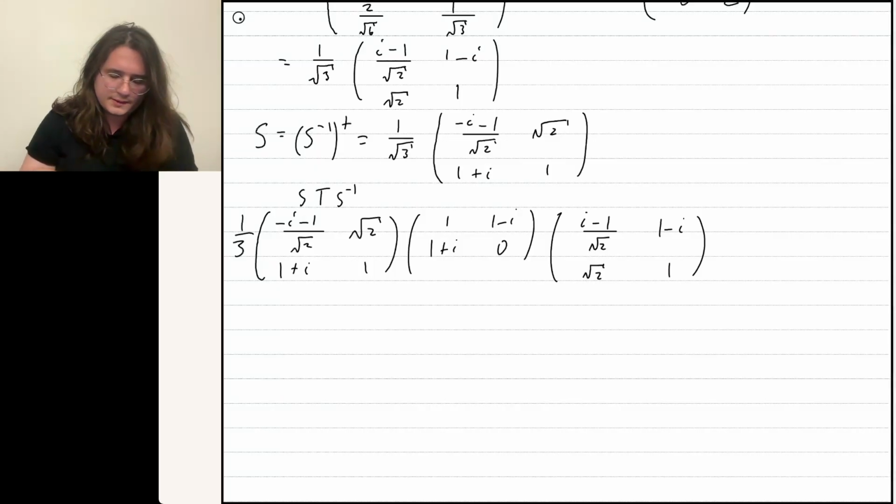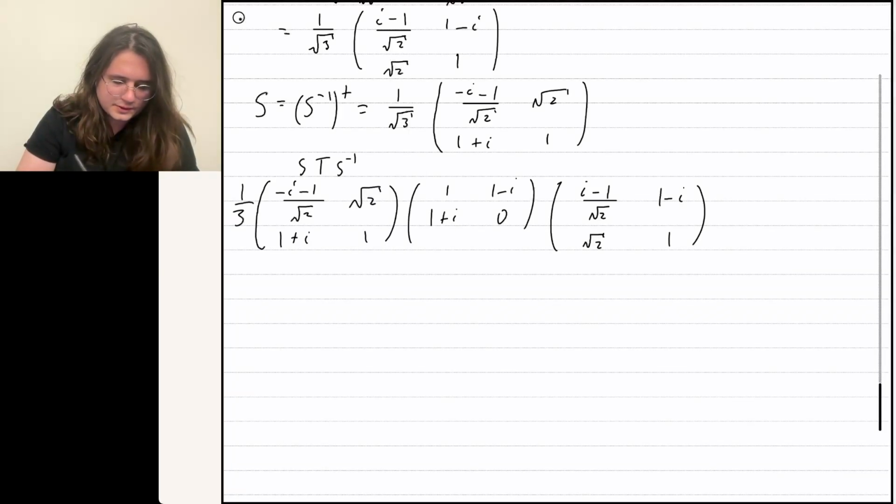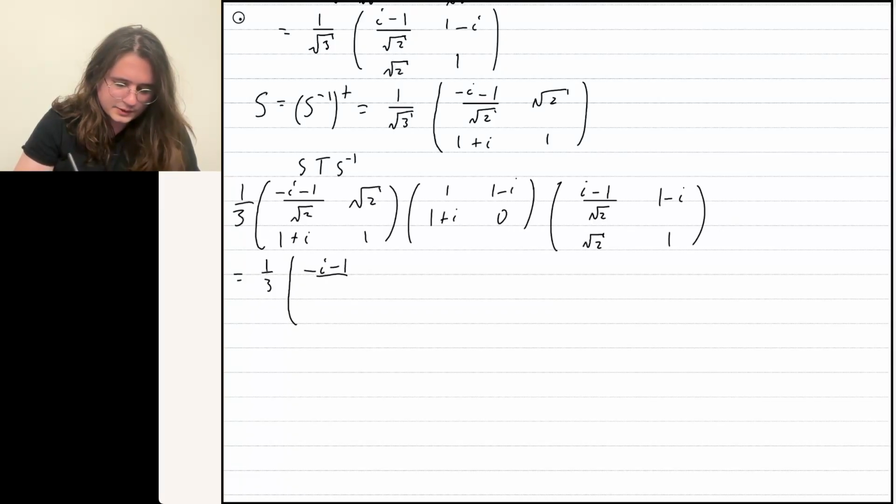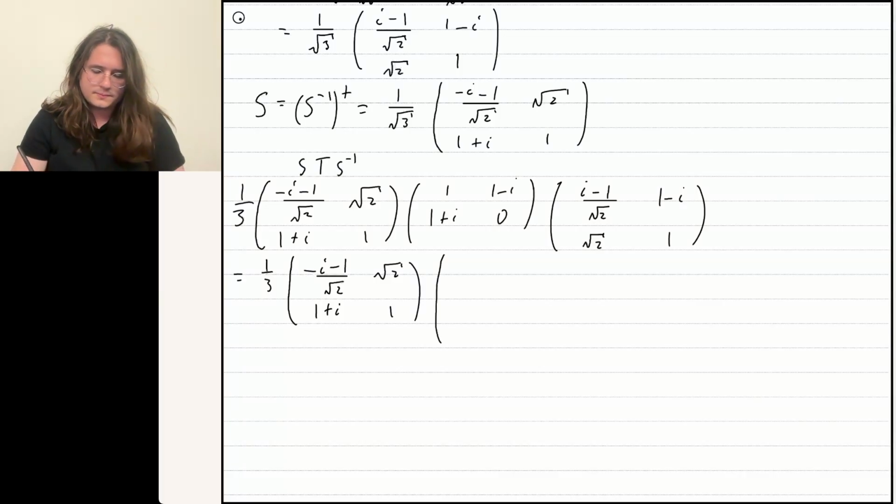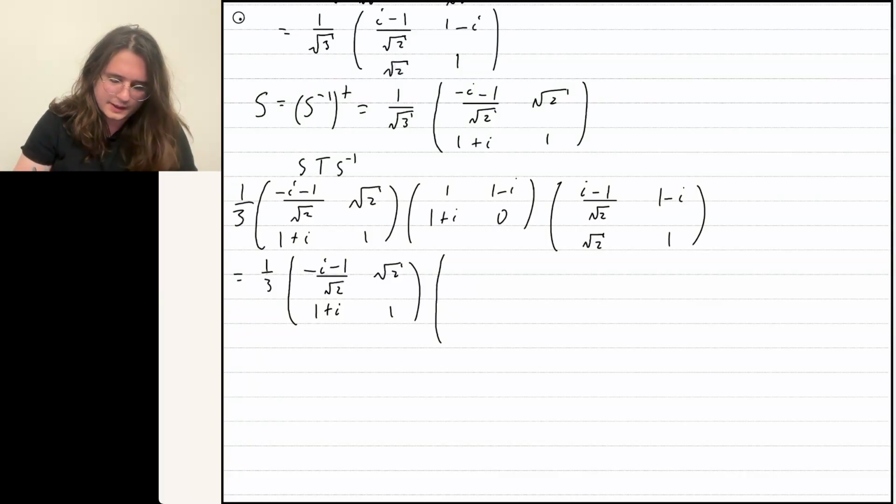Okay, and now we just do a little bit of multiplication on these matrices. So I'm going to multiply the last two matrices together first of all. So we've got 1 times i minus 1 over root 2. That just makes i minus 1 over root 2. Plus, it's going to be 1 minus i times root 2.